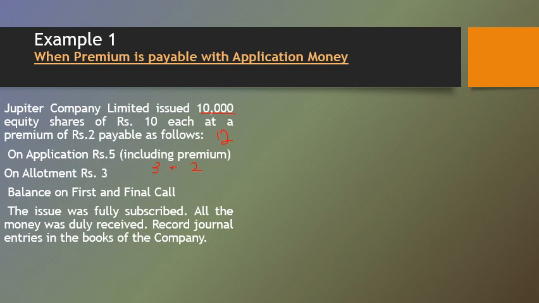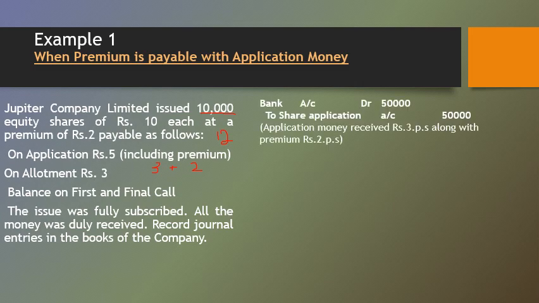So the total application money is to be paid as 3 plus 2, 5; on allotment 2; and the balance on first and final call. This issue was fully subscribed and all the money was duly received. Record the journal entries in the books of the company. Let's start recording this problem. When the company receives applications, how much amount will they get?